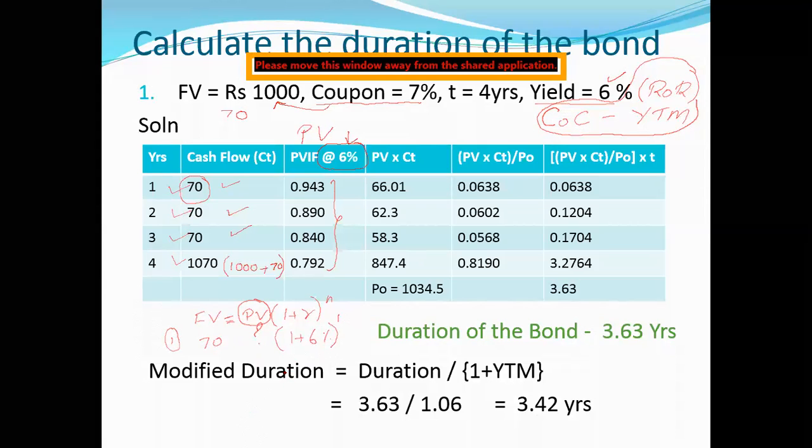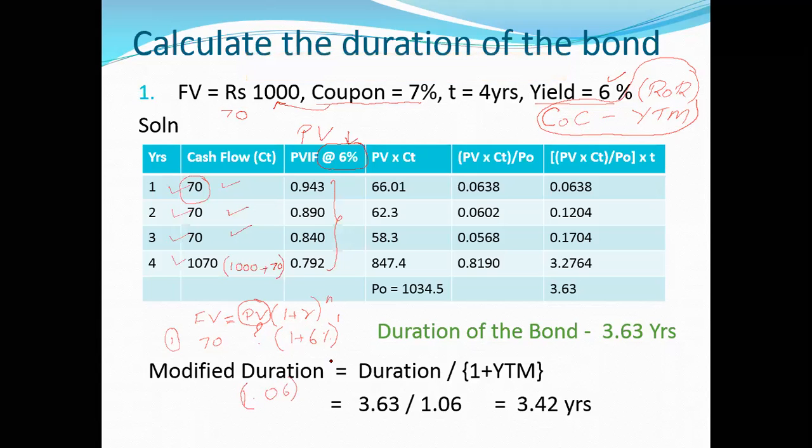R is 6% and N for the first year becomes 1. So now in your calculator, calculate 1 plus 6%. That means 1.06. Can you see this, or should I do it on another slide? I'll just do it here.